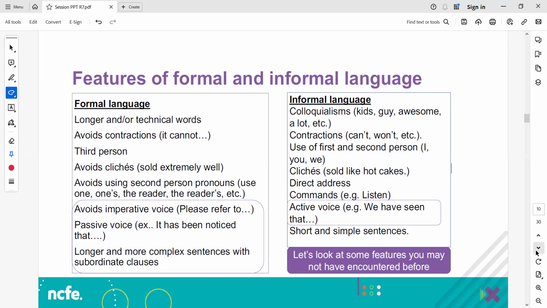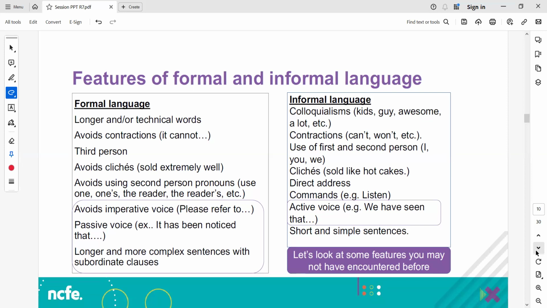So rather than starting sentences with imperative or command verbs, it will be more polite, if you like: "Please refer to the appendix" rather than "Refer to the appendix." It uses the passive voice: "It has been noticed that." We're going to look at that in a few moments. And there'll be longer and more complex sentences with subordinate clauses.